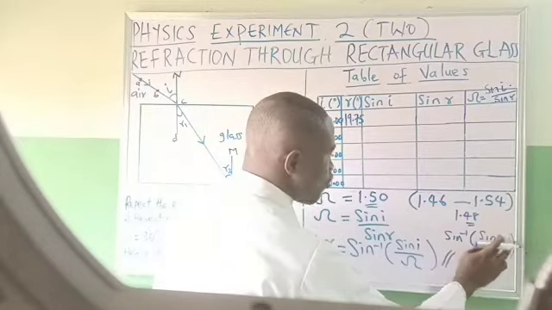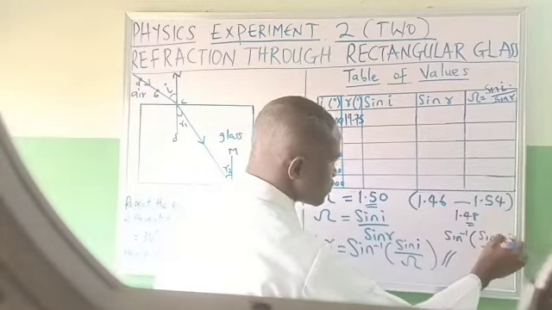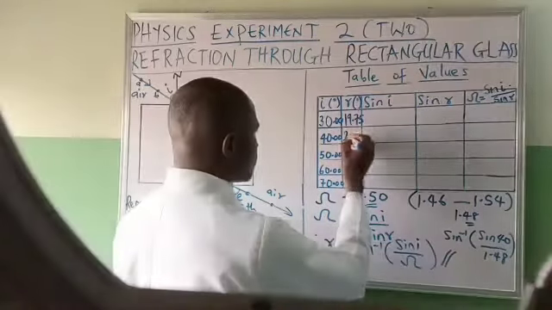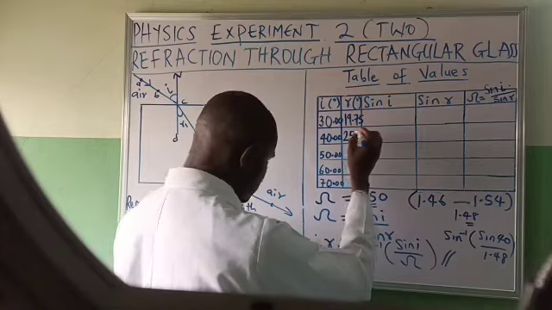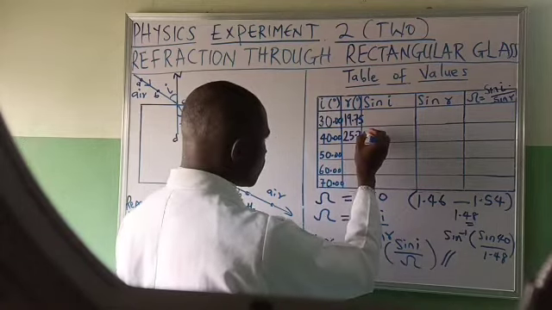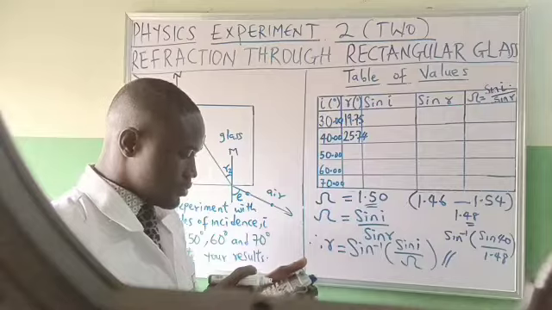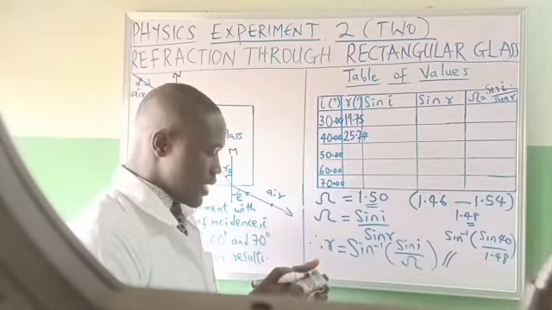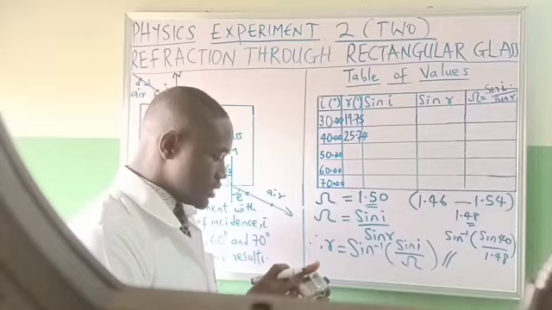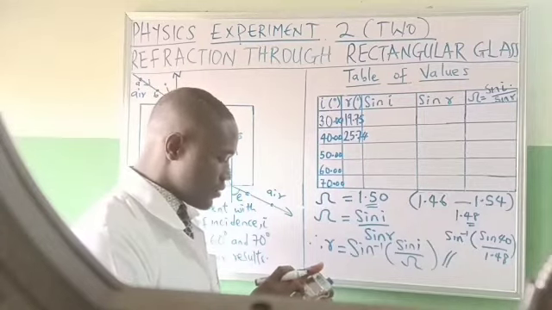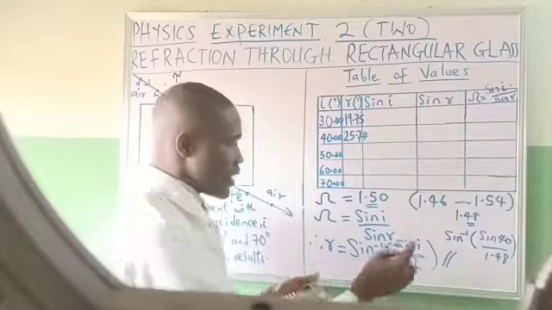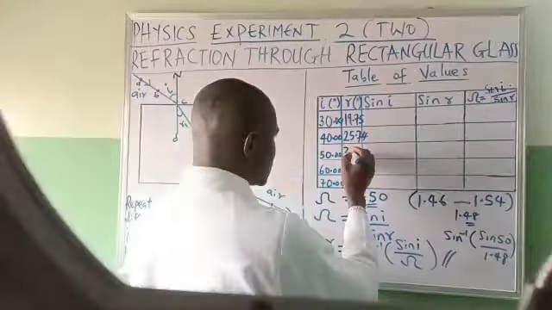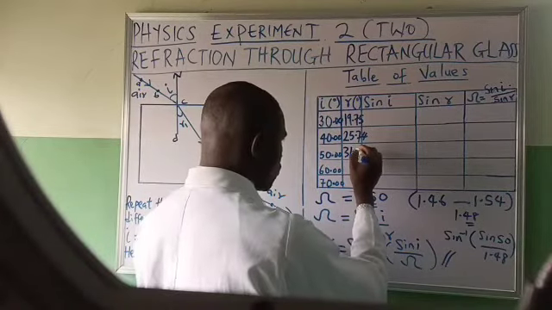I'll do the same thing. I'll change 30 to 40 to get the second r: 25.74. I'm just approximating to 2 decimal places. Then changing it again to 50, that is 31.17.